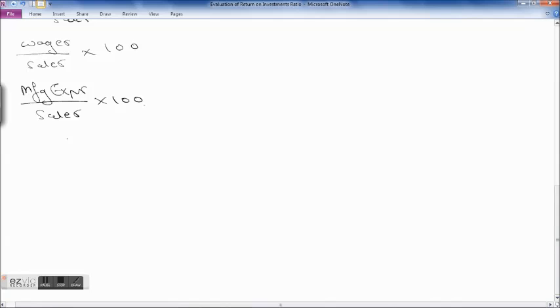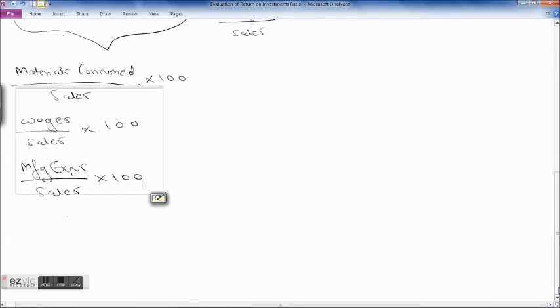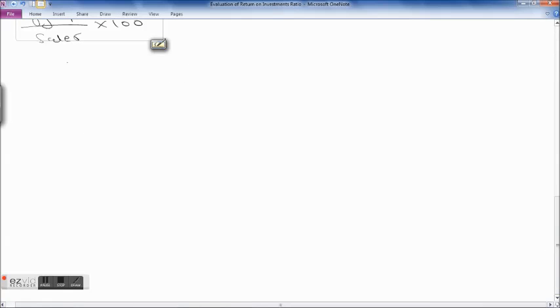If we evaluate these three, that is manufacturing expenses, wages and material consumed, we'll understand why our gross profit is higher or lower.